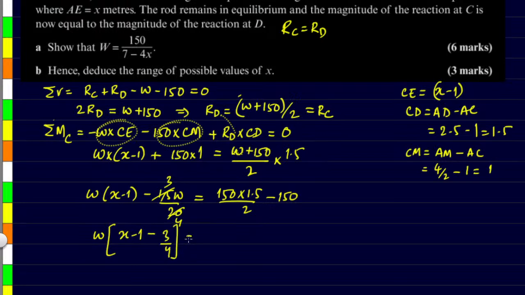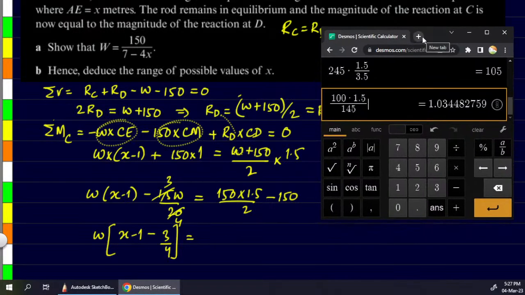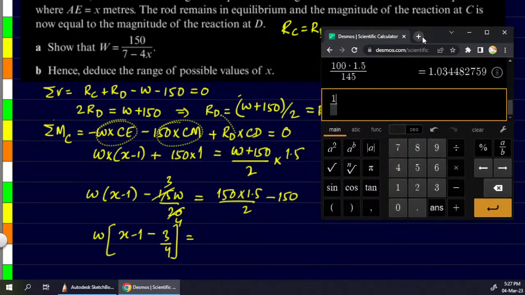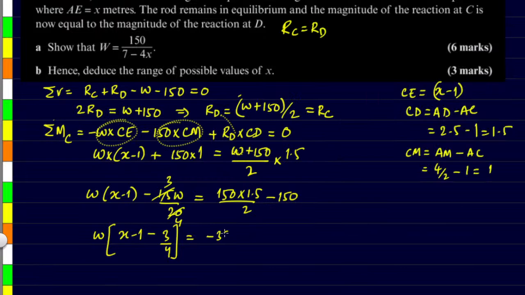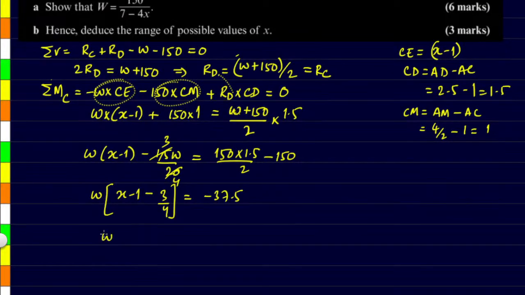Let's calculate this side with a calculator. 150 into 1.5, 2 in the denominator, minus 150. So we get minus 37.5 here. And here, if you take the LCM, it will be 4.